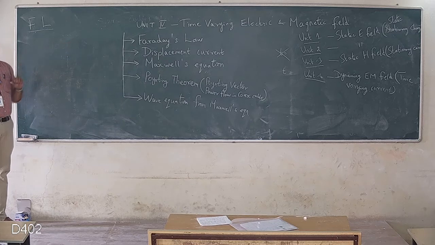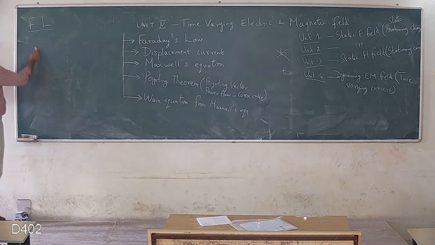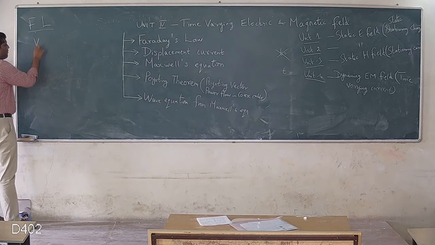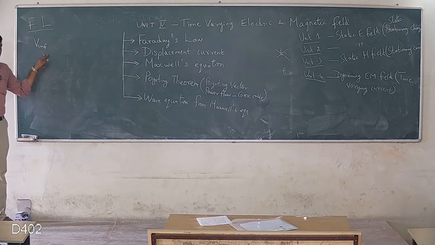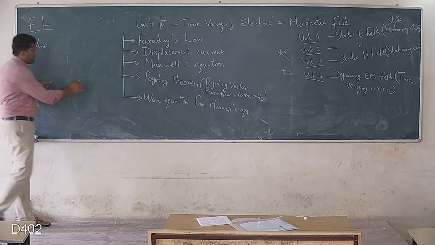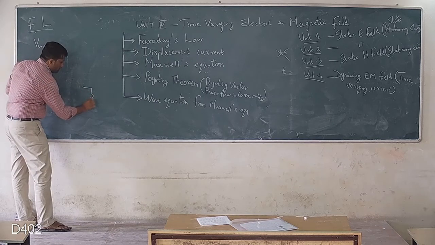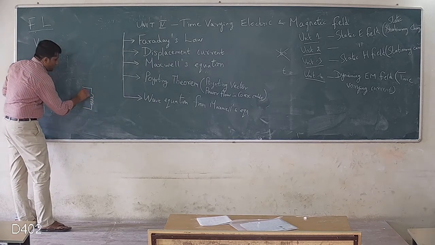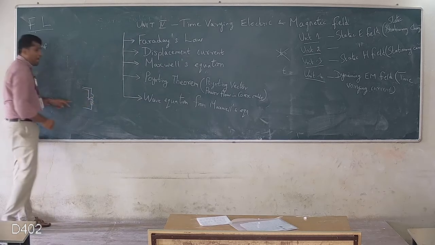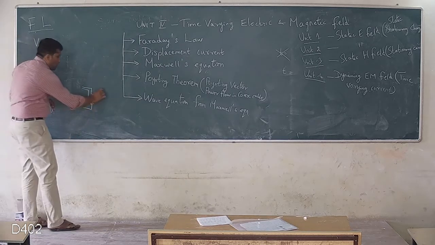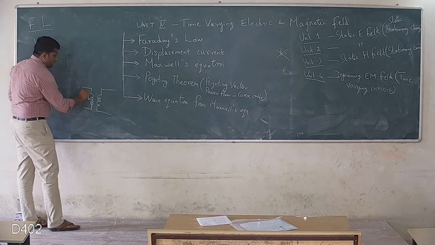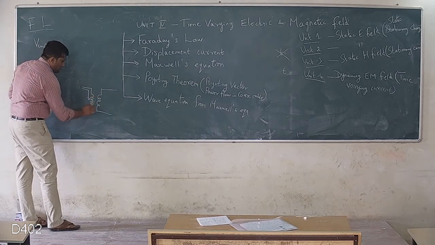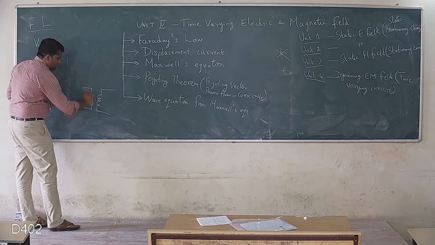If I take Faraday's law, we know that the induced EMF, the word induced EMF is very important, which is electromotive force. If I take a circuit, the flow of current will be happening. If I take one more circuit, because of this current, there will be a flux formation around the coil.